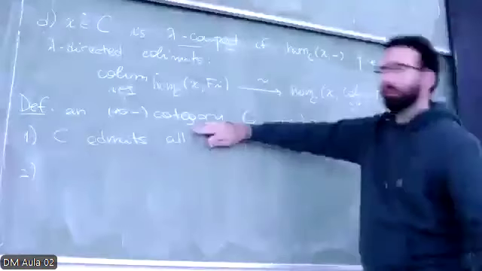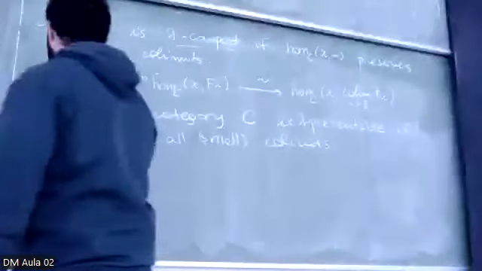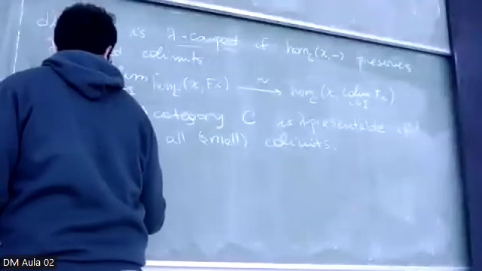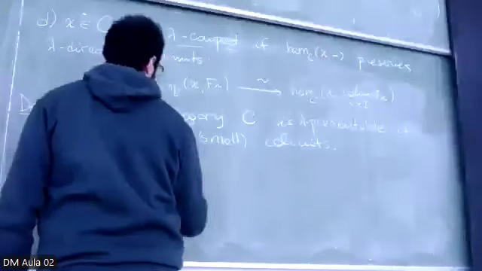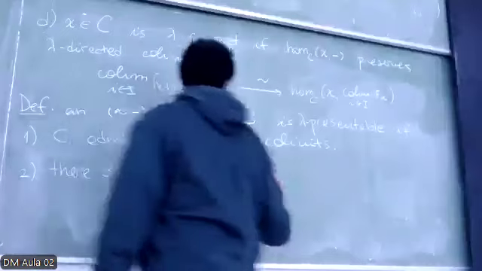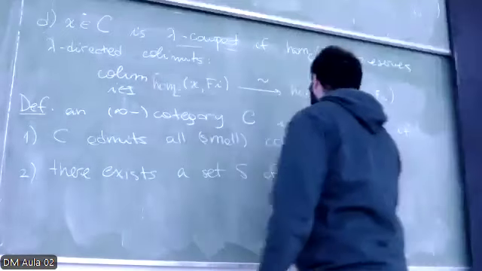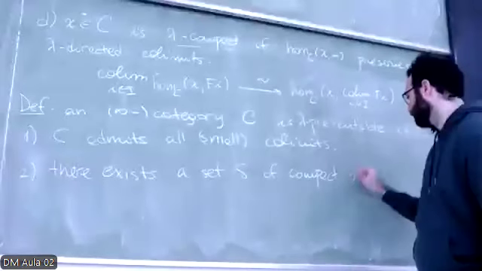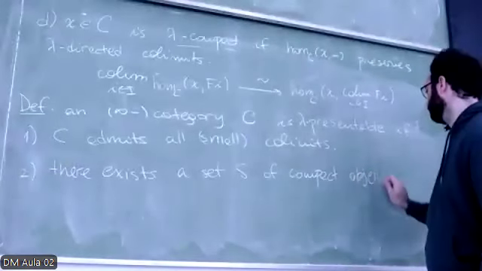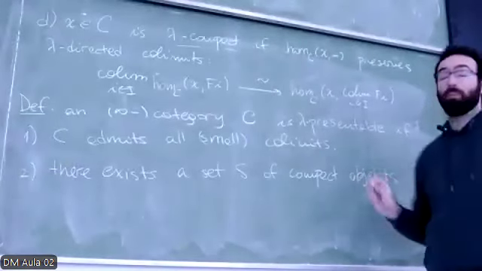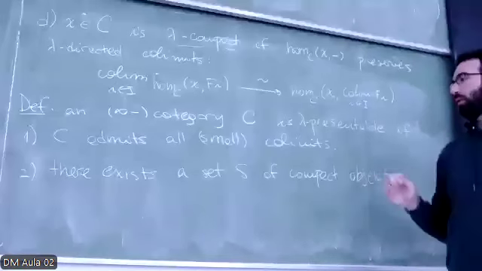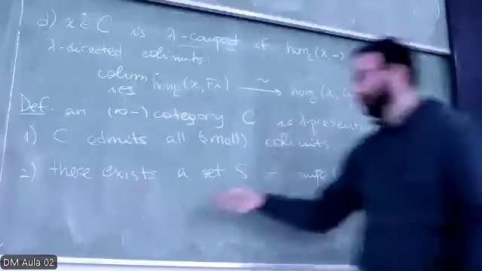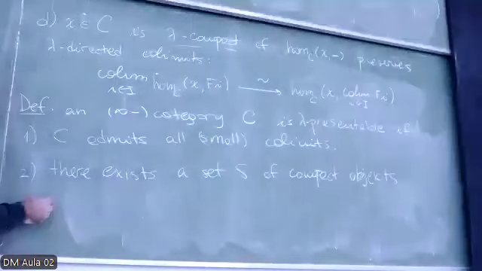It has colimits. And there exists a set S of compact objects, so they're small in some sense, which will generate all the others in the following sense.